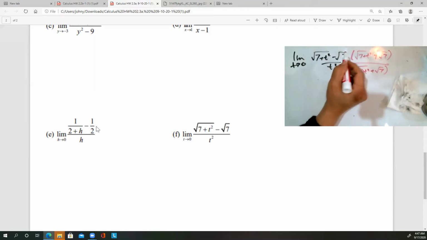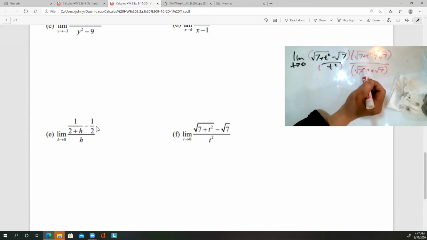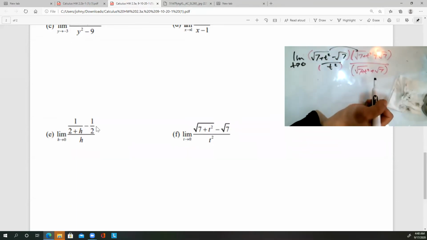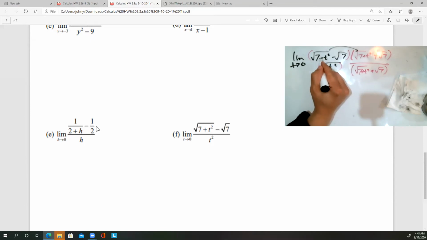Remember, I can multiply the numerator and the denominator by the conjugate of this, because it's a very special binomial. Let's distribute this out and see what happens. What's the square root of 7 plus t squared times the square root of 7 plus t squared? Well, we know that when you take the square root and then square it, it becomes itself. So the limit as t approaches 0 of 7 plus t squared.